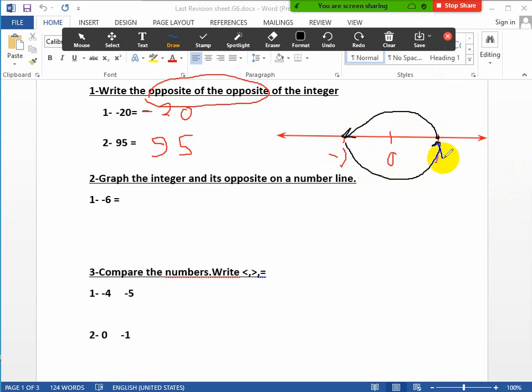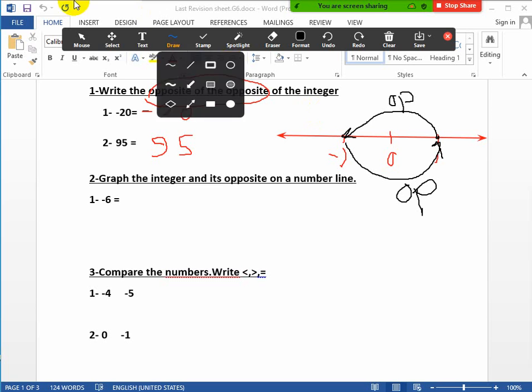So you have to double the operation. This is the first opposite and this is the second one. That's why I told you the opposite of the opposite of any number equals the same number. Please save it or write it as a note in your book. Write it as a note. The opposite of the opposite of any number equals the same number.